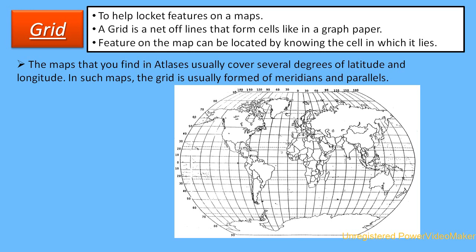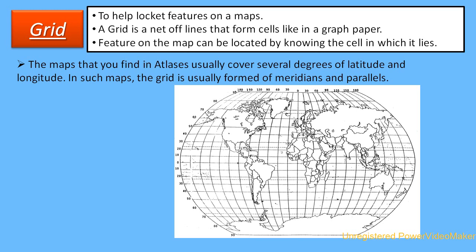The map that you find below is from an atlas. This kind of map you can see in the atlas only, which covers several latitudes and longitudes. And the map itself is covering a huge area, so it will have more latitudes and longitudes.